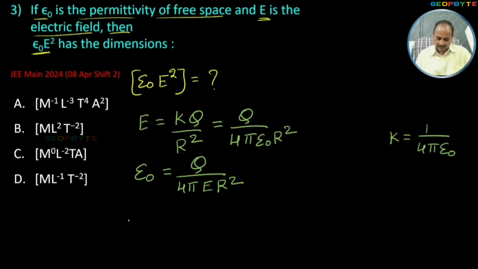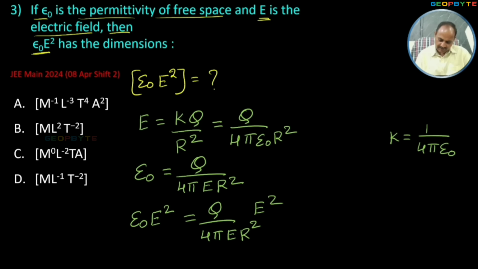But I want the dimensional formula for epsilon naught E square, which is Q by 4 pi E R square into E square. One E is cancelling. Finally, it is equal to QE by 4 pi R square.